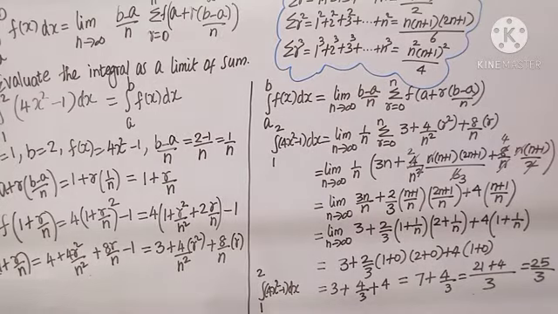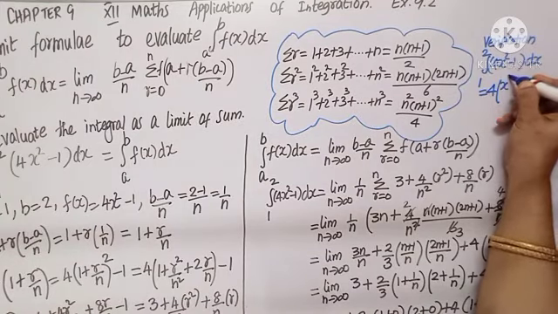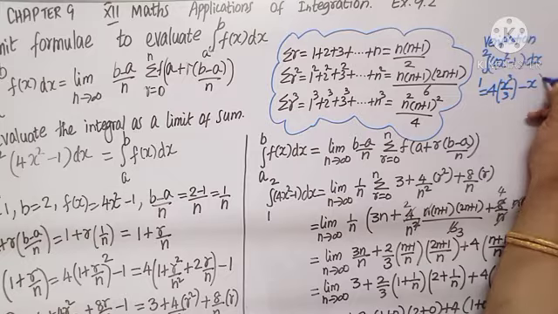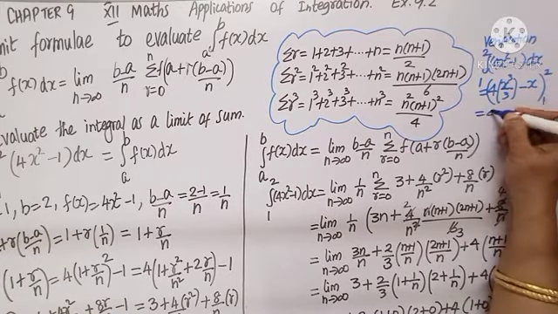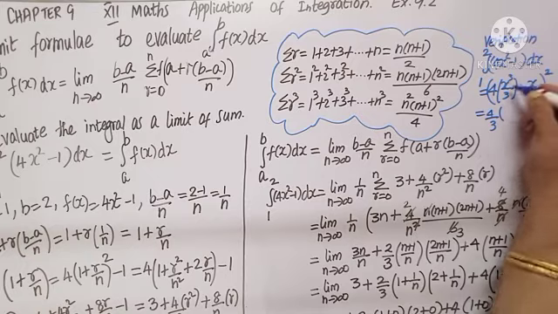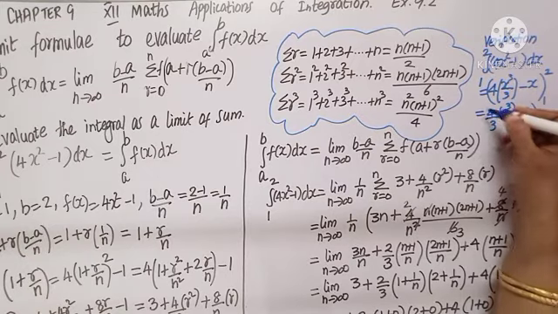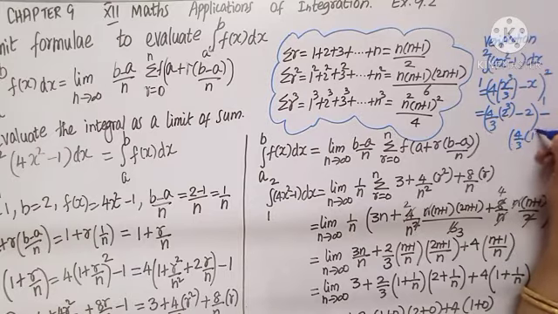How am I to verify? 4x squared will become 4x cubed by 3, minus 1 will become x, between the limits 1 to 2. It is 4 by 3 into 2 cubed minus 2, the upper limit, minus 4 by 3 into 1 cubed minus 1.